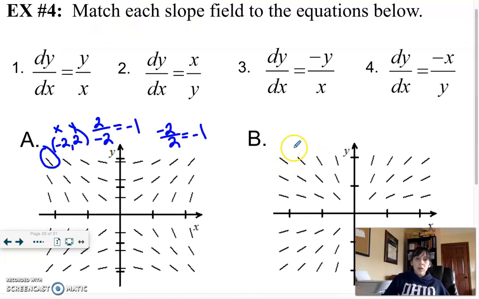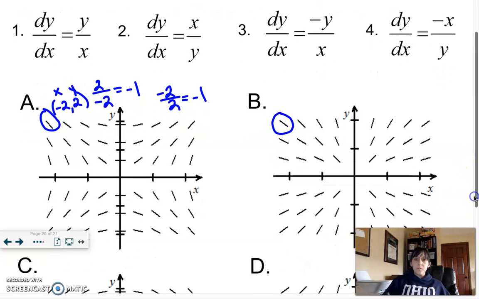So if you want to stop and look closer, graph A and graph B both have negative slopes in that area, so equation 1 and equation 2 could be either graph A or graph B. So maybe we should find something that's different about graph A and graph B to compare.